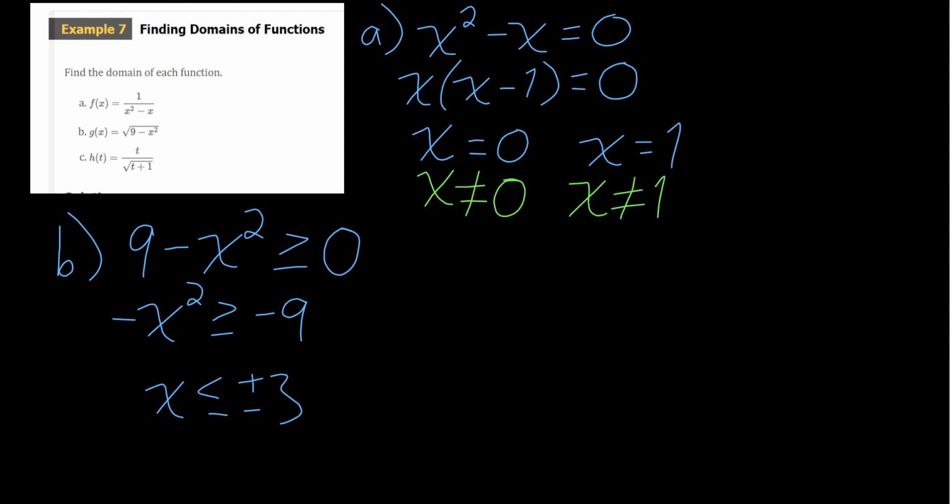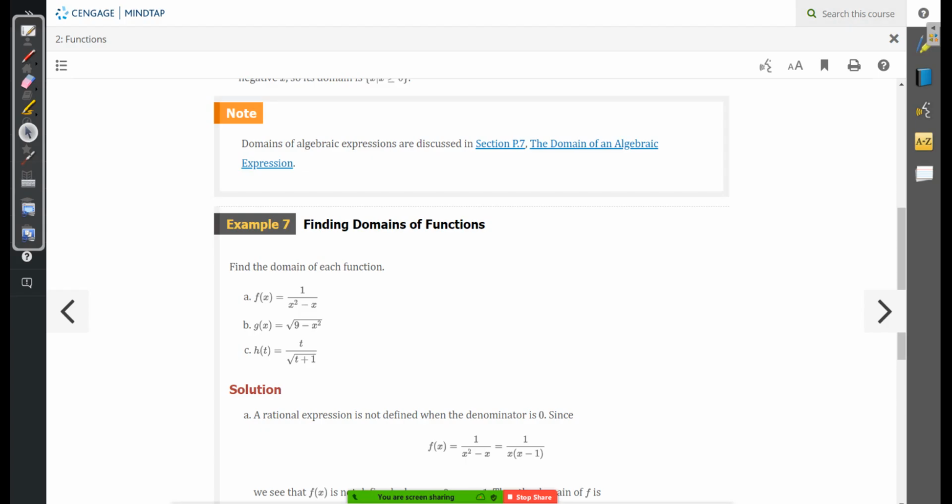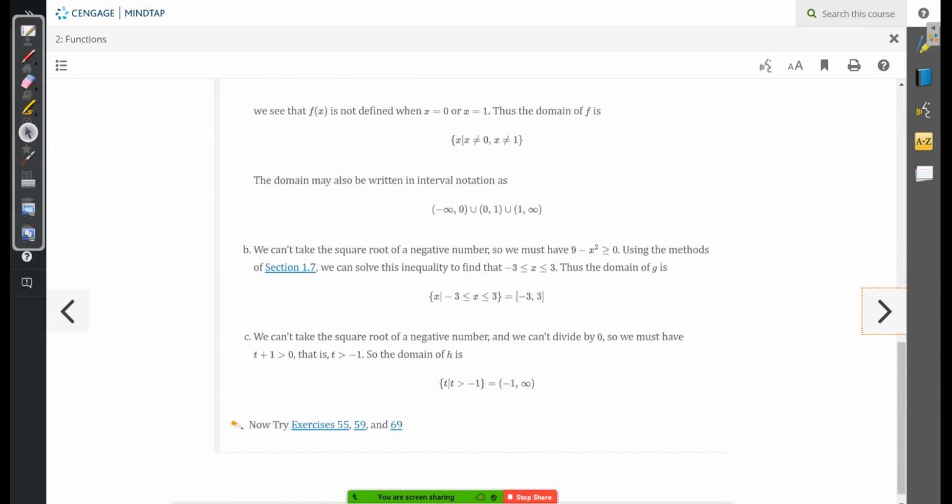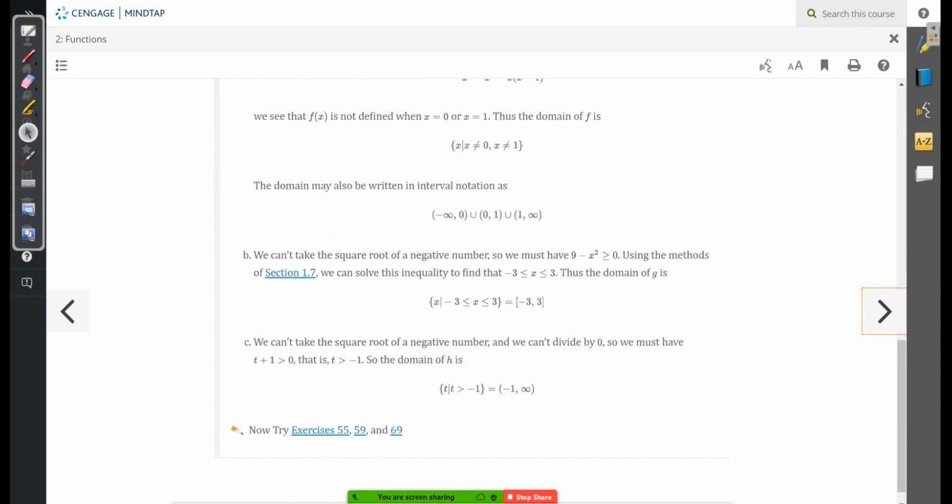But since it's a 3-part lecture, it'd be in one of the 3 parts. Then you would get your solution set, and it would be negative 3 to positive 3. But I'll let you figure that out yourself, or look at the book. Yeah, there we go, negative 3 to positive 3, using the method of section 1.7.